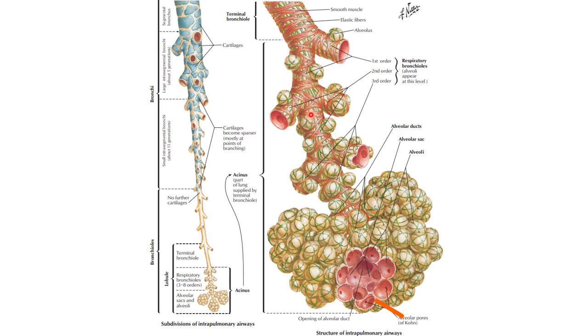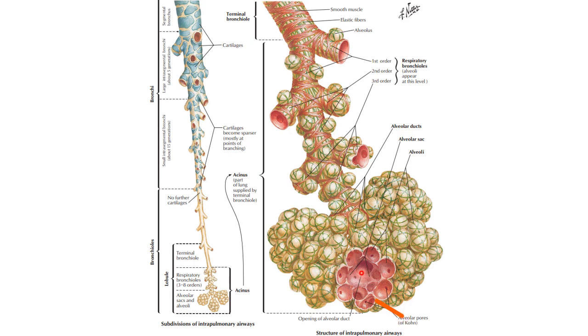And around this system, before the alveoli or alveolar sac, you will see smooth muscle encircling the tract.